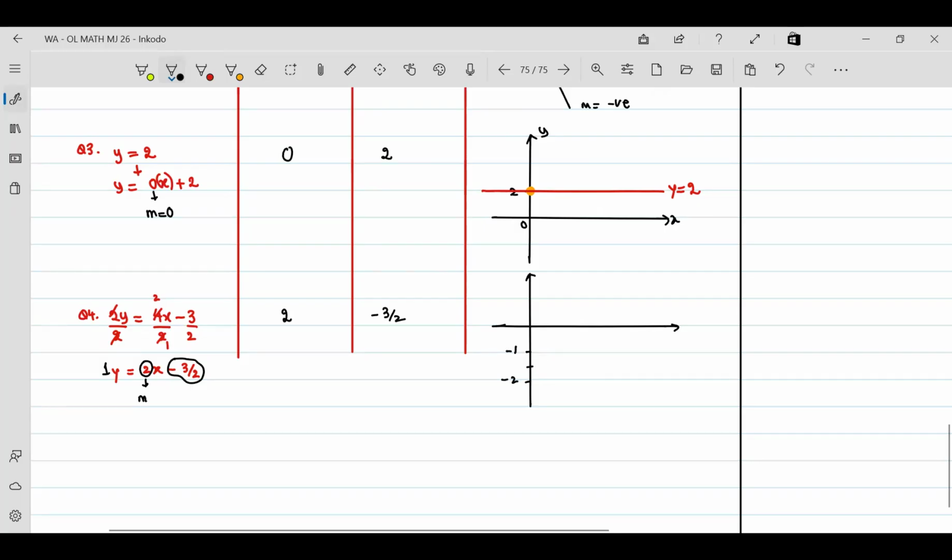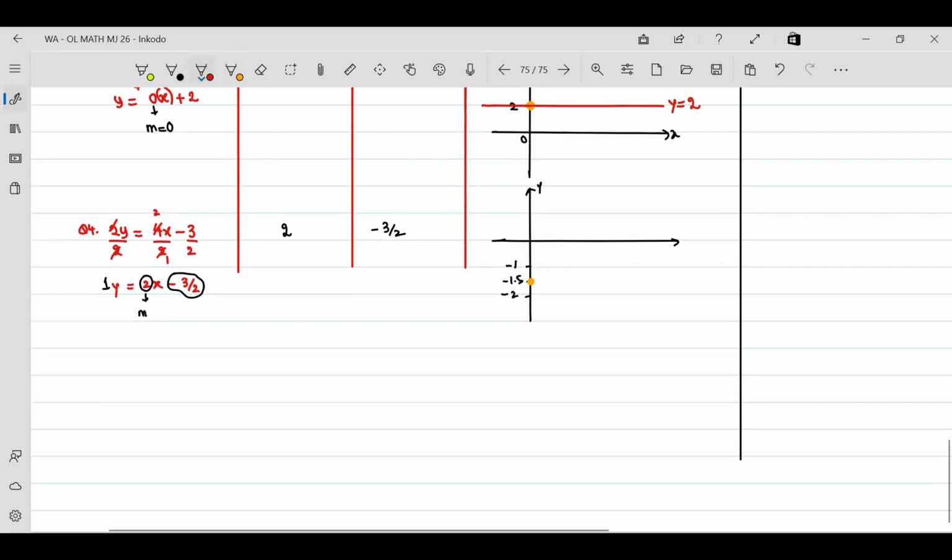Right in the middle of minus 1 and minus 2. This is going to be your y-intercept here. And then because it's an upward sloping graph, why? Because the gradient is positive, it has to be somewhat like this. Yes or no? Do all of you agree? Good stuff.